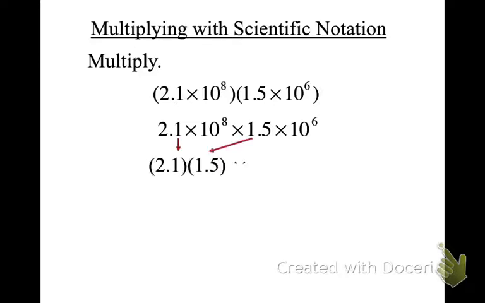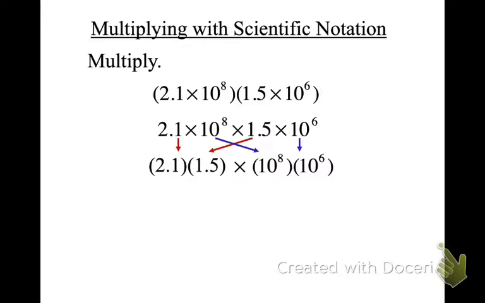2 1/10 times 1 5/10 times 10 to the 6th times 10 to the 8th. Okay? 10 to the 8th times 10 to the 6th. Now, when I do that, I'm multiplying out 2 1/10 times 1 5/10, and you can use a calculator for that part. Sorry about that.